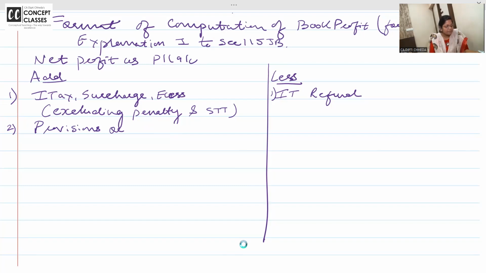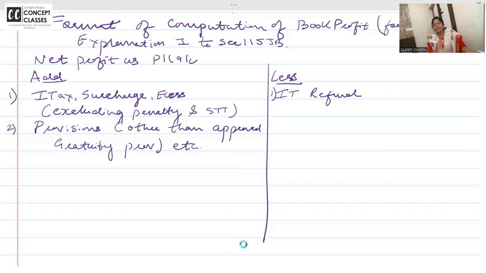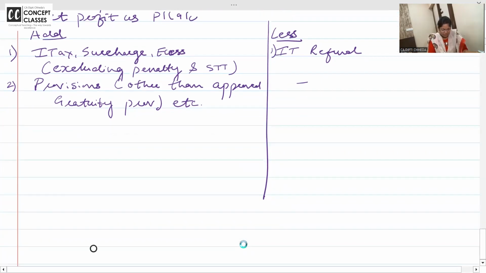Other, then approved gratuity provision, etc. Are you all with me? If there are any provision for repairs, provision for this, add back the provision because that's not actual expense. That is not allowed. So if you add whatever is there, then the profit on that, MAT is charged. This side provision se related kuch nahi hai, so I am putting a dash.